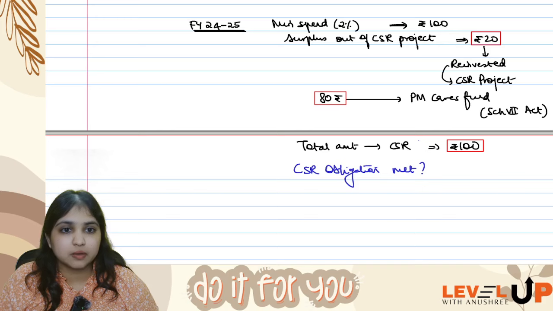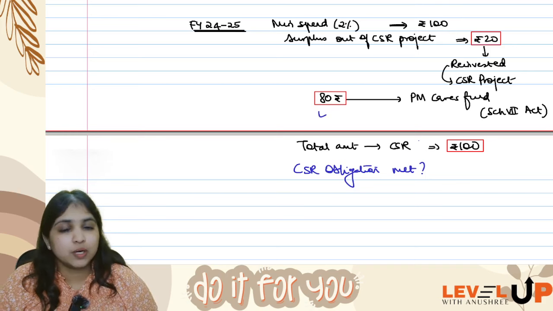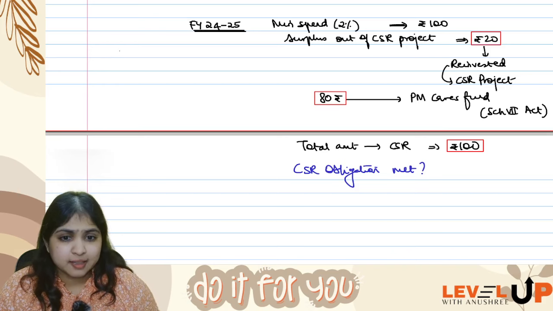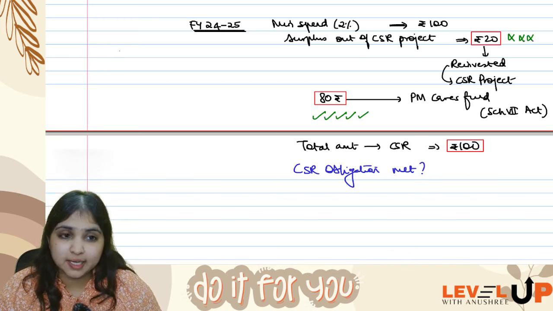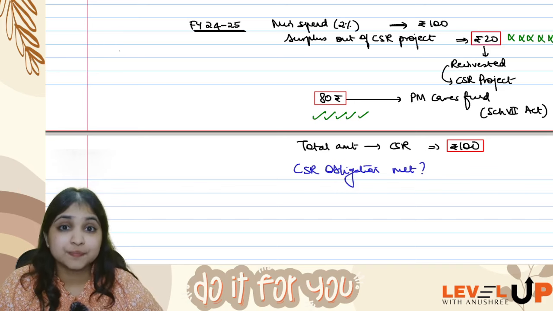See, listen. Minimum the company has to spend 100. This 80, yes, you will count this 80, no doubt. I'll repeat again. This 80 can be considered as CSR expenditure of the current year. But this 20 cannot be considered as CSR expenditure of the current year.